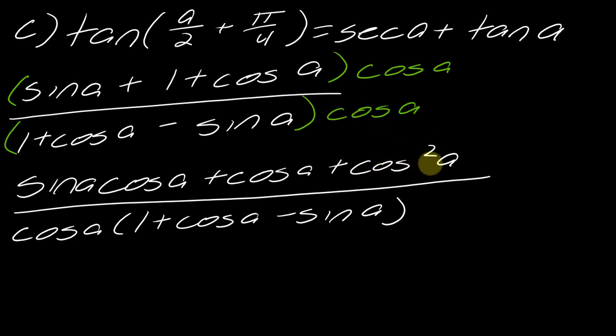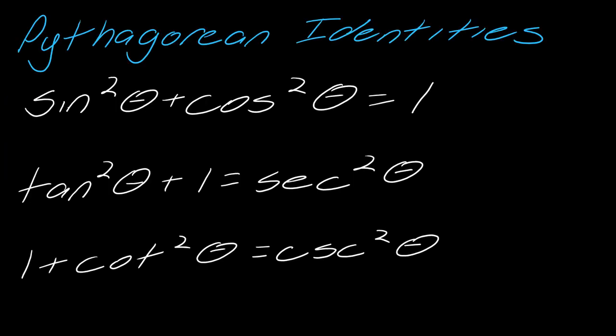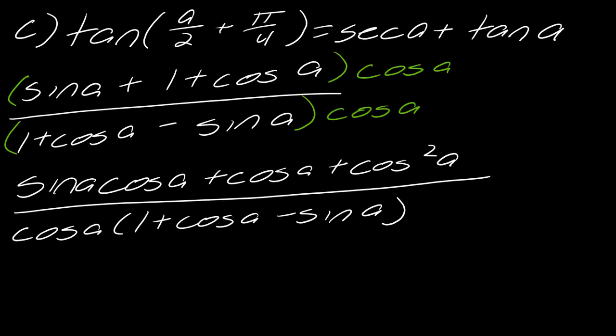But okay, by writing this out as cosine squared A, this allows me to use another identity, right? Because I've written that out, now I can use my Pythagorean identity, and I can rewrite that cosine squared as 1 minus sine squared. All right, so this will become 1 minus sine squared A. And so here's where things could get interesting.